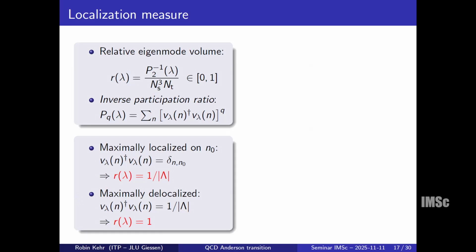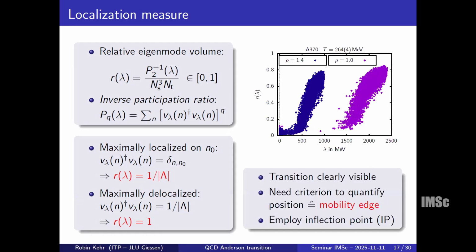Okay, I just explained this part. It's easy to check: if it's localized, it approaches 0, and if it's maximally delocalized, it approaches 1. Here you see an example where we also compared the rho parameter. We set it to 1.4, and comparing with 1, you see that it works much better.